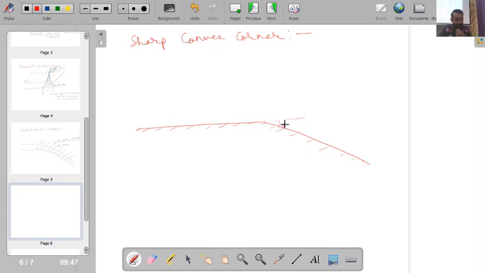So for a sharp convex corner, I will be finding that any streamline which is just adjacent to this surface has to have discontinuous variation in property and discontinuity in its flow direction, whereas all the streamlines which are away from this sharp corner can actually move in a gradual fashion and then reach to a new situation. Okay, and then adjust to new flow direction.